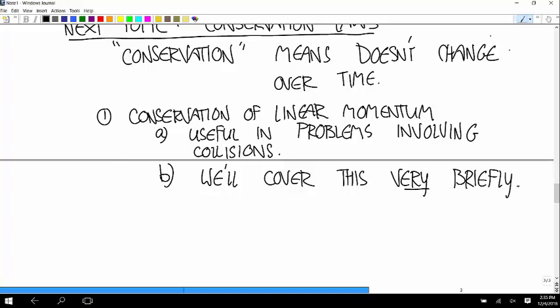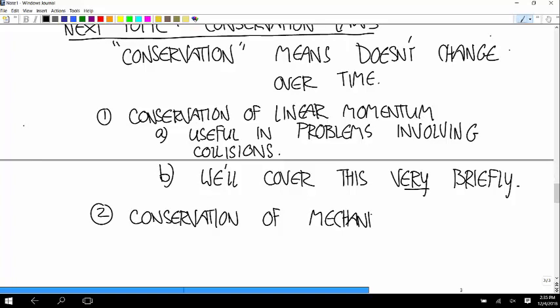And then we're going to go on to the one that we're going to talk about more than conservation of linear momentum. And that is conservation of mechanical energy. Conservation of mechanical energy is a special case of conservation of energy.